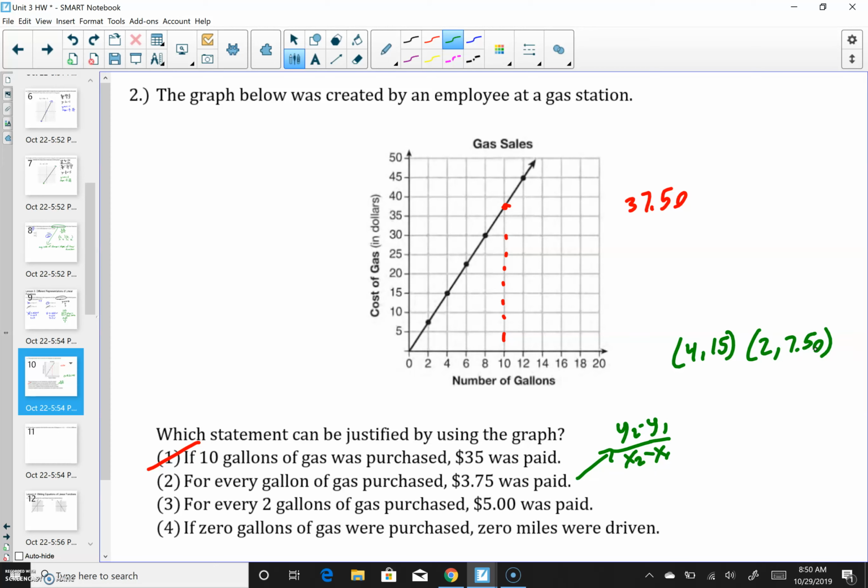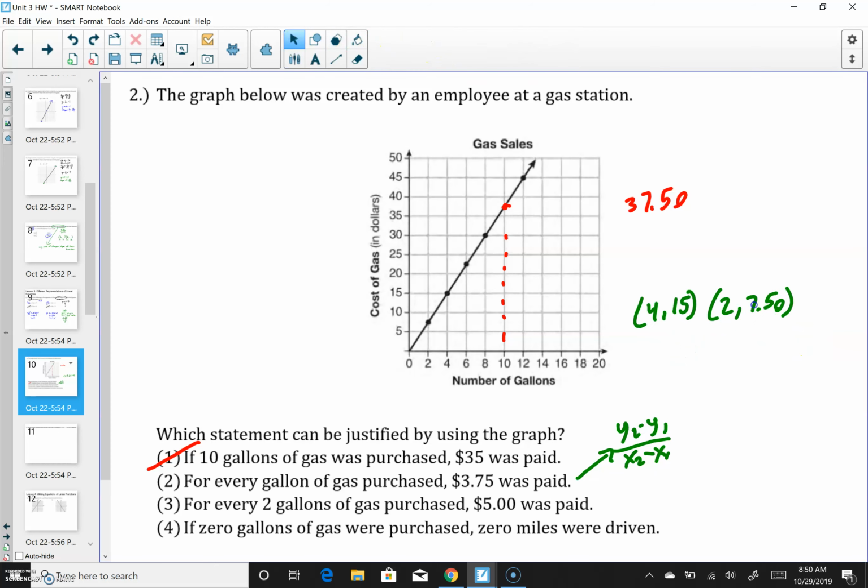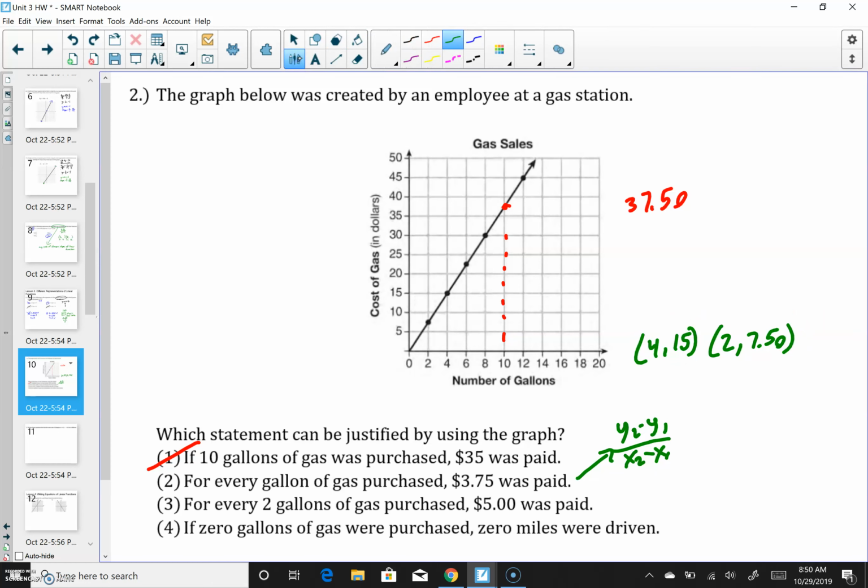I'm going to make this x2, y2 and x1, y1, because ultimately, as long as you stay consistent, the order doesn't matter. 15 minus 7.5 over 4 minus 2 gives you 7.5 over 2, and that gives you 3.75. So it seems to be that for every gallon of gas purchased, 3.75 was paid.